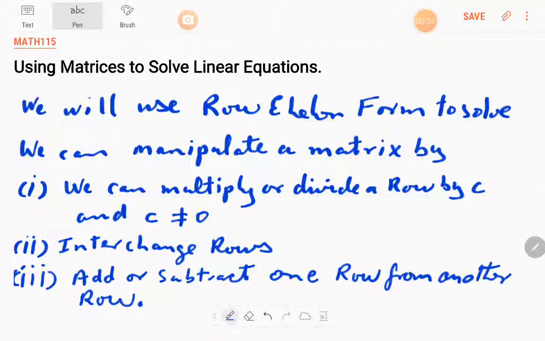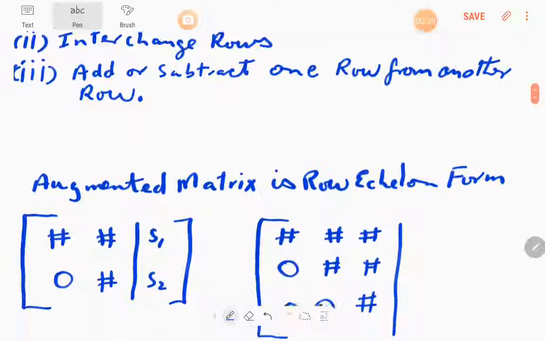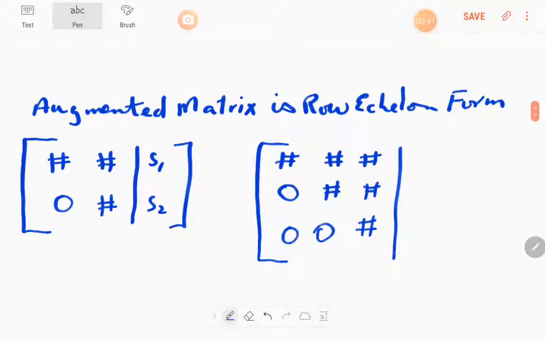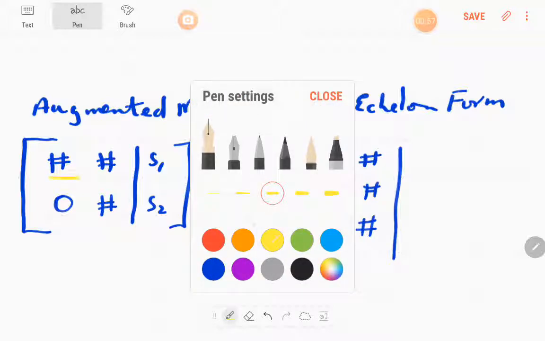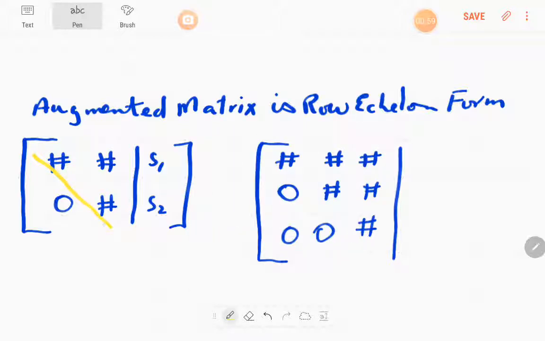Okay, now we're going to use an augmented matrix in row echelon form. So in an augmented matrix, we have the numbers here to the left, and if you notice along the diagonal, we'll have numbers, but below that diagonal, we're going to have zeros.